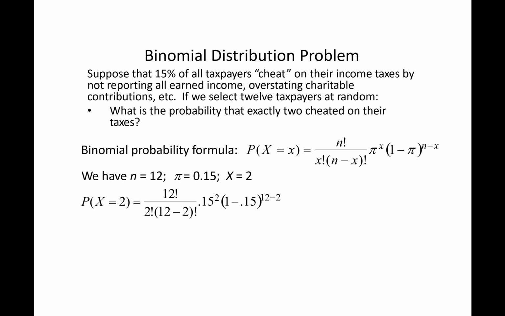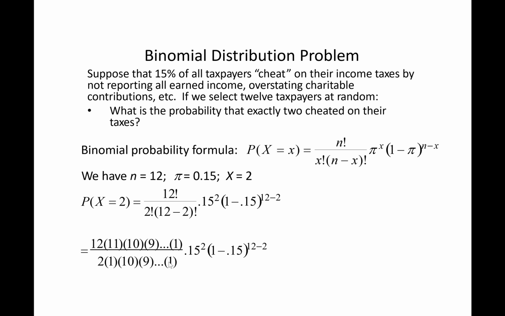So let's break this down a little bit so we can plug it into our calculator easily. 12 factorial is just 12 times 11 times 10 times 9 times 8 all the way down to 1. 2 factorial is 2 times 1, and 12 minus 2 is 10, so 10 factorial is 10 times 9 times 8 all the way down to 1.